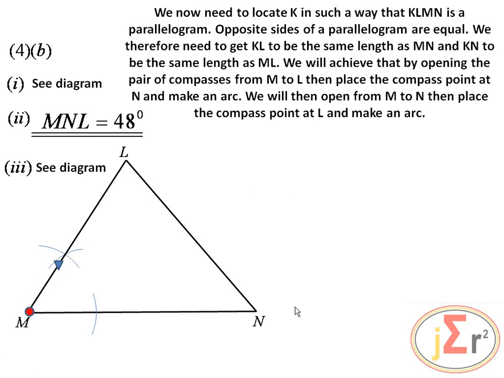Open from M to L, then place the compass point over here and make an arc. Then we need to copy the length of this line here up here. So we will open the compass from M to N. Then we will place the compass point at L and make an arc.